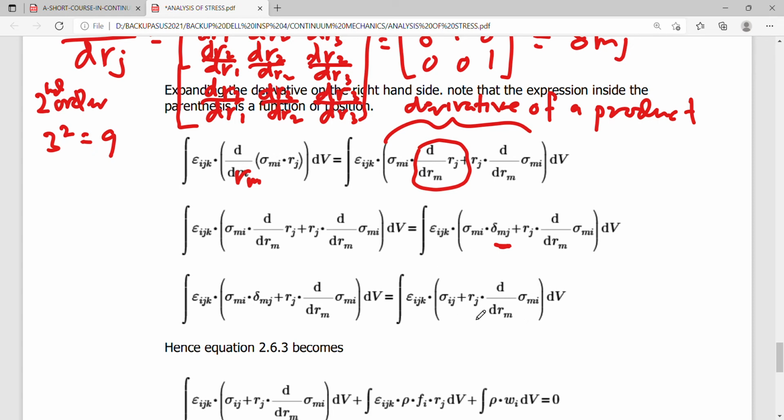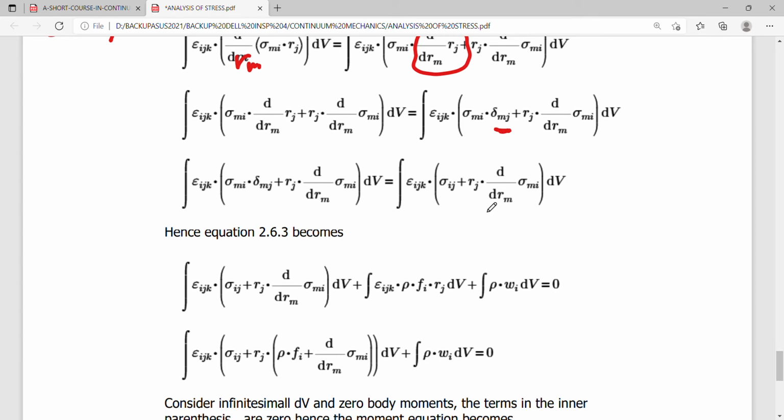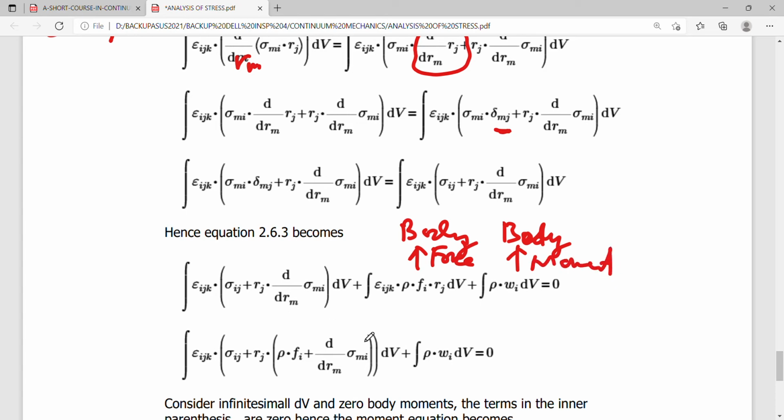So this is now the simplest that I can get, and adding it to the body force and the body moments here. These are both the body expressions. So this is the force, or the body force, simply the weight, and this is the body moment. I will now yield an expression that can make this a two-term equation by simply factoring out epsilon i j k r_j dv here.